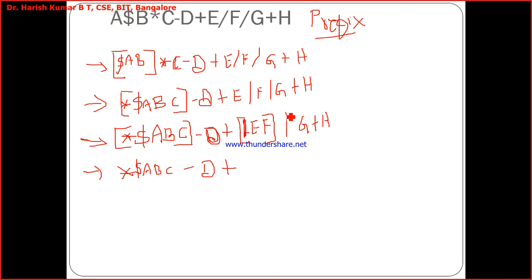Now for this divide, this is one operand, this is another operand. Now what happens, slash, this slash is written here, and this slash, it's this slash. EF G. Now this all together is another operand. So plus H.